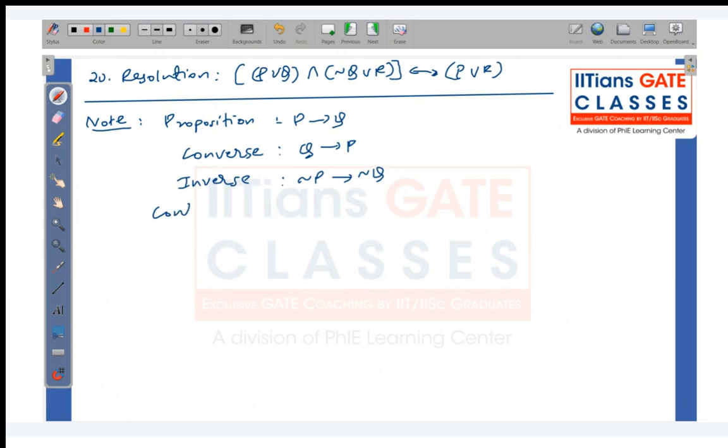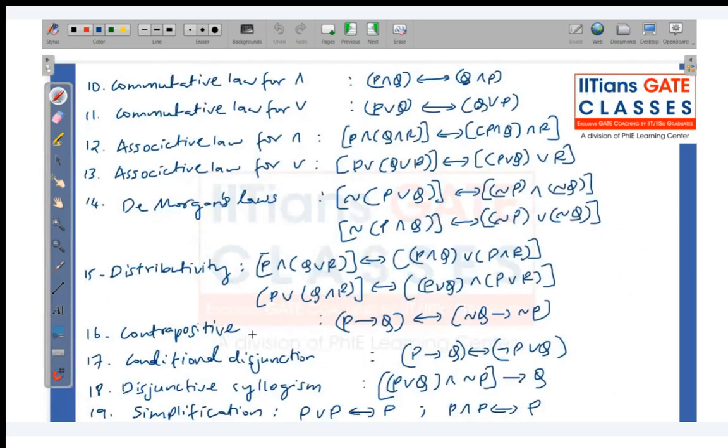And after this comes the contrapositive. For the contrapositive, what should I write? Yes, negation of Q implies negation of P. And these two are equivalent. Meaning if this implication is true, then the contrapositive is always true. I already mentioned that in the law of the contrapositive.